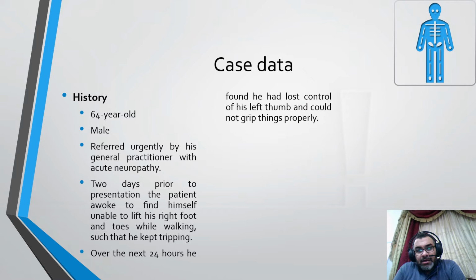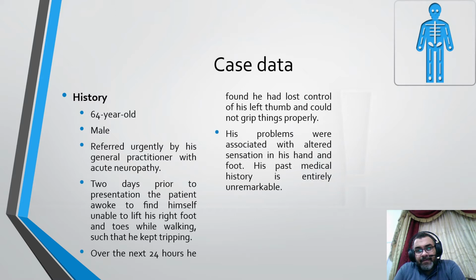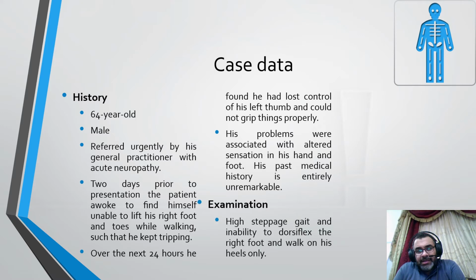So, right foot and left thumb. His problems were associated with altered sensation in his hand and foot. His past medical history is entirely unremarkable. By examination, he had high steppage gait and inability to dorsiflex the right foot and walk on his heels only.